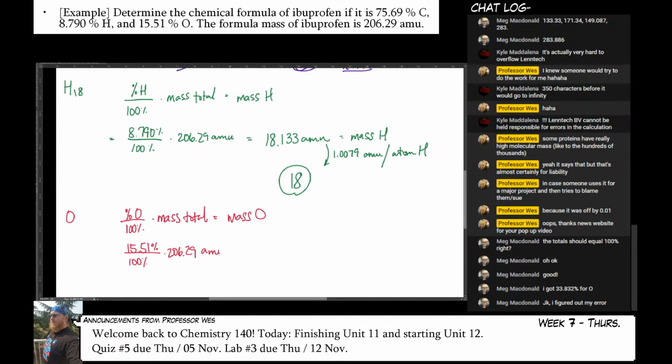It's the same one every time. 0.1551, 206.29.